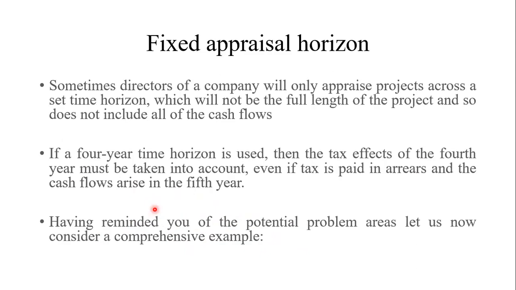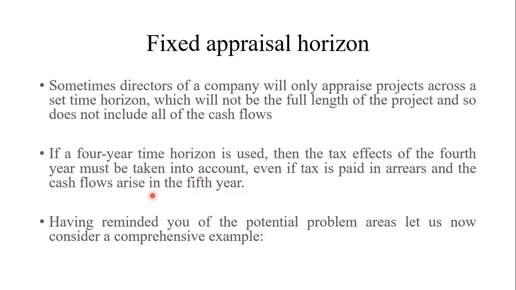Fixed appraisal horizon. Sometimes directors of a company will only appraise projects across a set time horizon, which will not be the full length of the project, and so does not include all of the cash flows. If a 4-year time horizon is used, then the tax effect of the 4th year must be taken into account, even if tax is paid in arrears, and the cash flows arise in the 5th year.